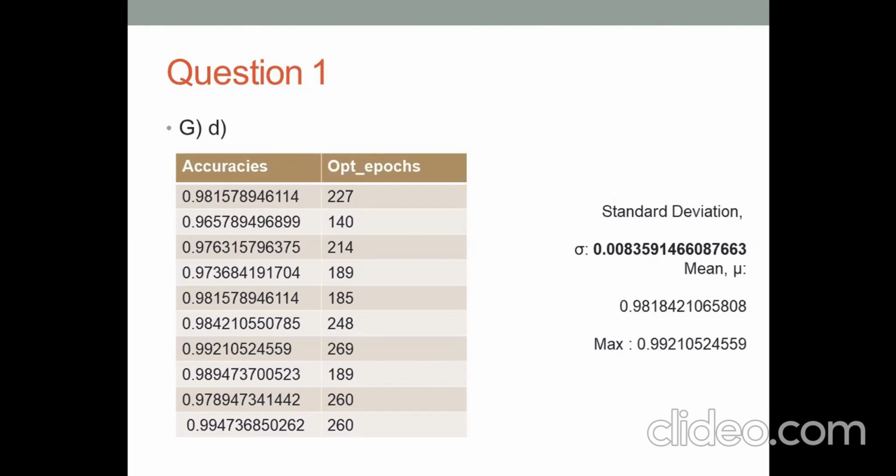There is a very significant drop as compared to the first one, which was 300, 400 optimal number of epochs. This table reports both accuracies and optimal number of epochs. Each optimal number of epochs corresponds to an accuracy, which means the model stops in 227. Whatever weights it got, the model is evaluated with the test set, and this accuracy is generated.